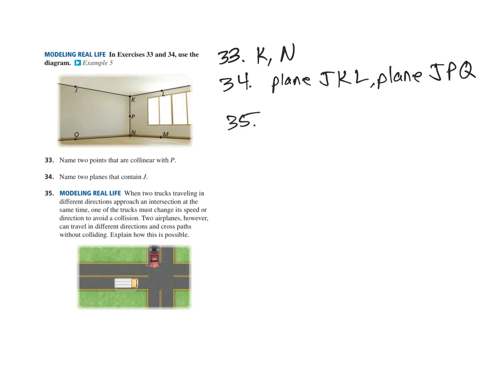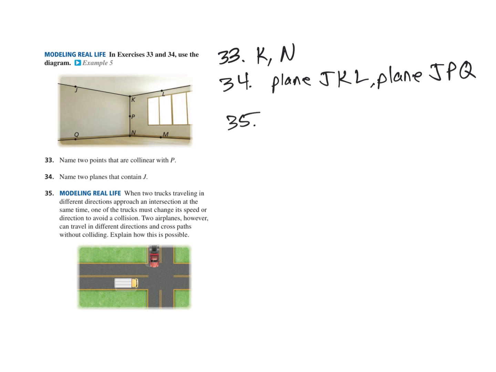When two trucks traveling in different directions approach an intersection at the same time, one of the trucks must change its speed or direction to avoid a collision. Two airplanes, however, can travel in different directions and cross paths without colliding. Explain how this is possible. Well, in this picture here, this is two-dimensional. They're on the same plane.